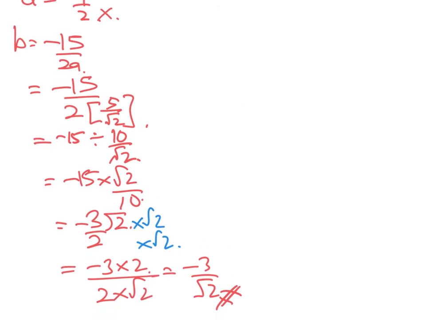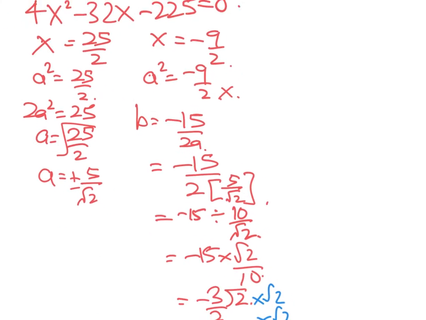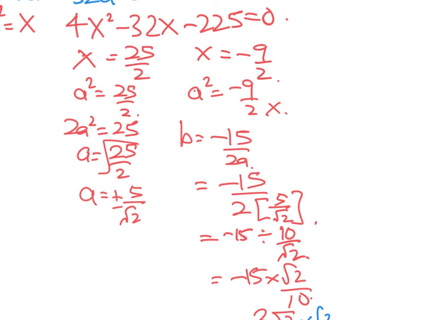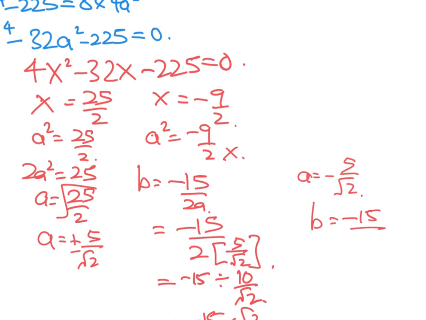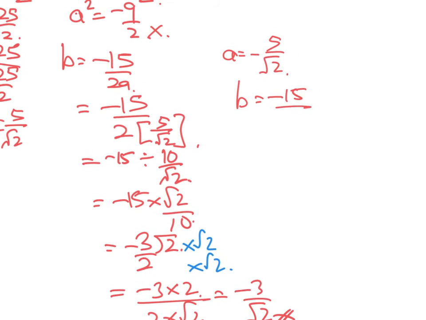Okay, so that's the answer for the first one. Now when a equals negative 5 over 2, then b equals negative 15 over 2 times negative 5 over 2.